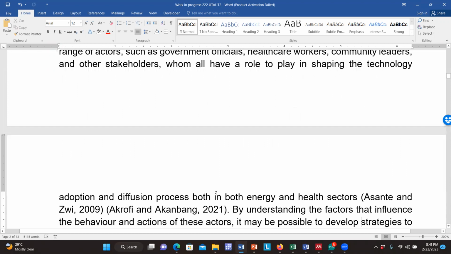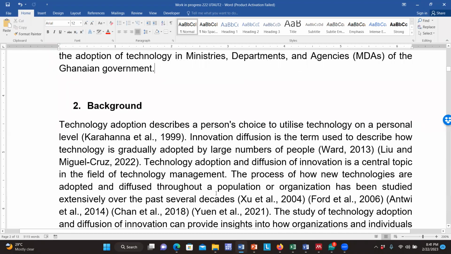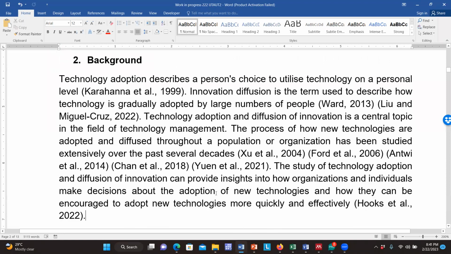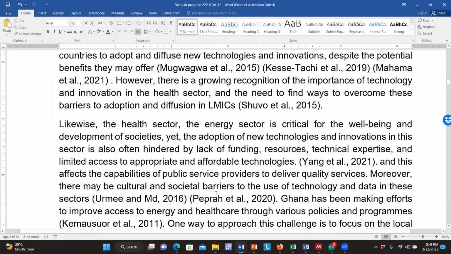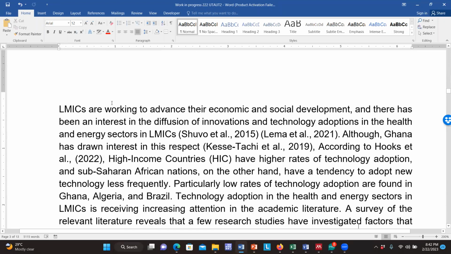Because I've seen that you have talked about health here and all that. Because the introduction there is just a summary of what you do, and the background will then give extensive explanation about the study. So just take note of that.